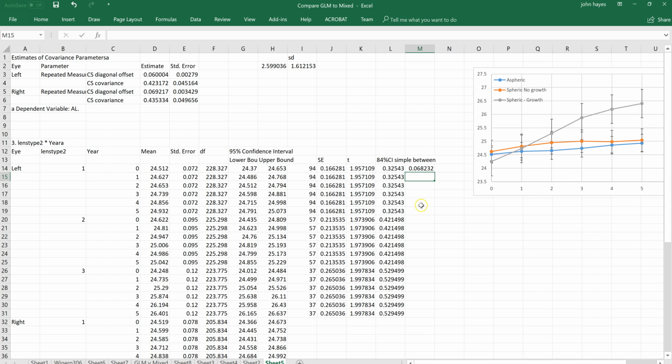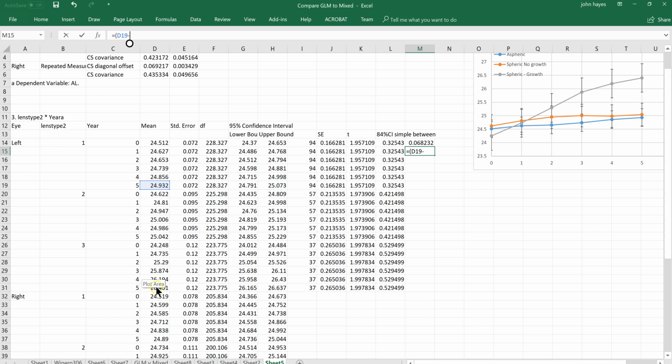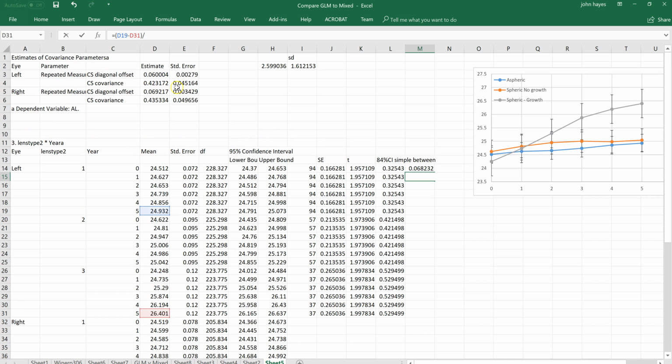If we come back here, let's go ahead and copy this. I don't know, let's look at 5 years of aspheric minus 5 years of growth divided by standard deviation.